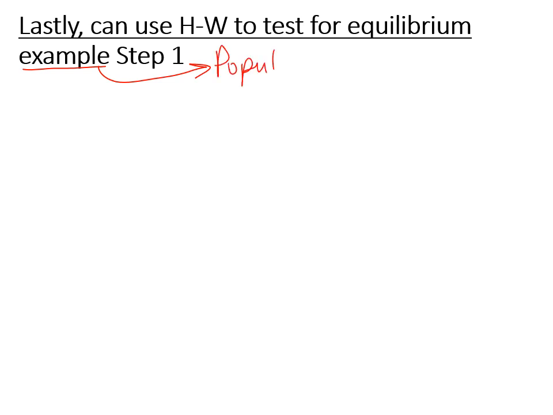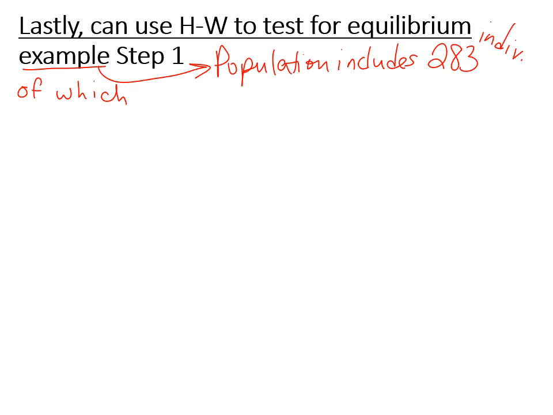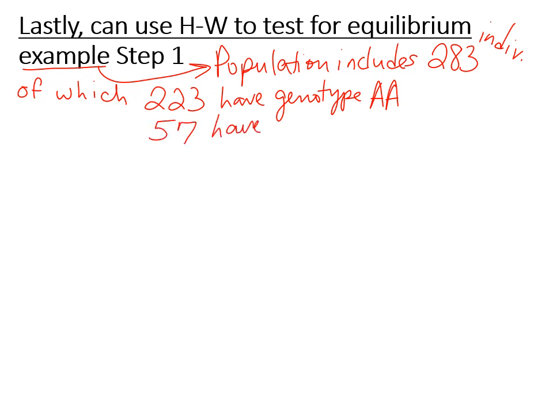This population includes 283 individuals, of which 223 have genotype capital A capital A. I'm going to go back to the capital and lowercase because I think students get a little confused with 1 and delta 32 sometimes. 57 have genotype capital A lowercase a, so they're heterozygous, and 3 have genotype lowercase a lowercase a.